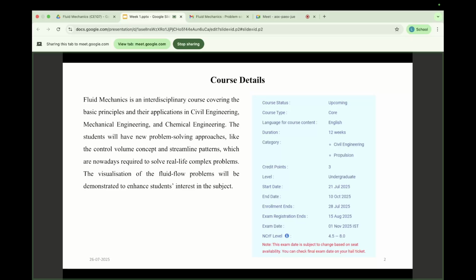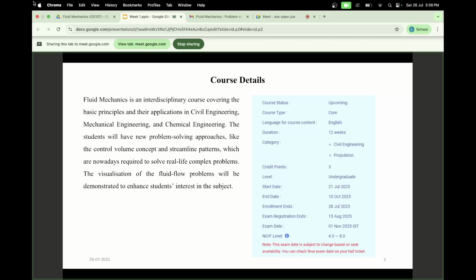In this course we'll get to know how to solve some real life problems, and these approaches go through the control volume concept and the streamline pattern and all these things. I hope you still haven't understood this concept.